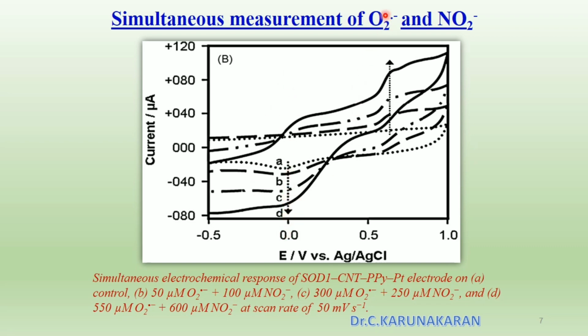For example, superoxide radical undergoes redox reaction at E equal to 0 volt, whereas nitrite ion occurs at 0.6 volt. Therefore, these two redox signals are well separated. Therefore, we are able to simultaneously measure both the superoxide radical and nitrite ion in the blood sample, in the tissue sample, or in the cell sample.